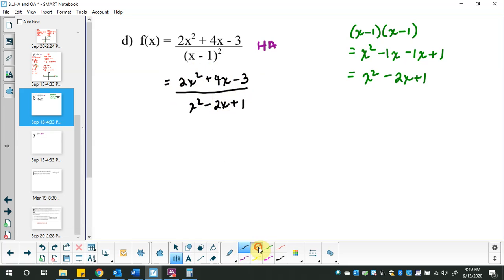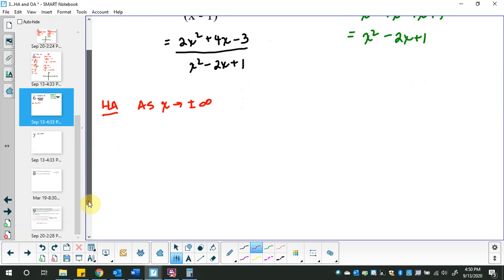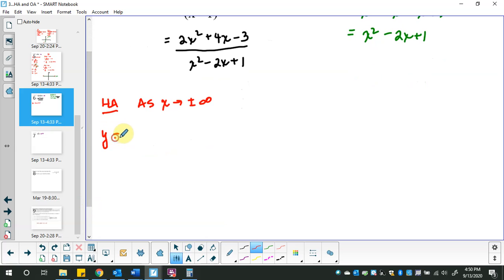And because I recognize that this is a horizontal asymptote because they have an equal degree, I'll need this, and I'll need to return to dividing everything by the highest power of x. In this case, x squared.